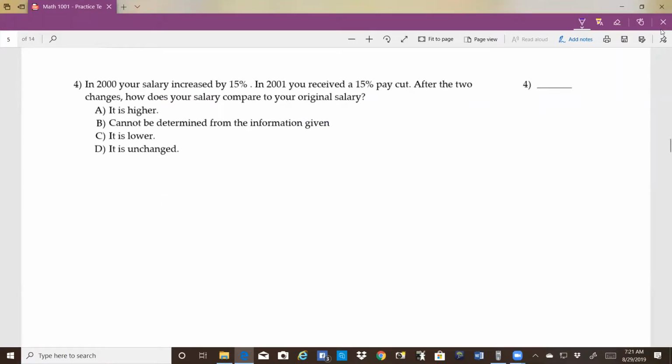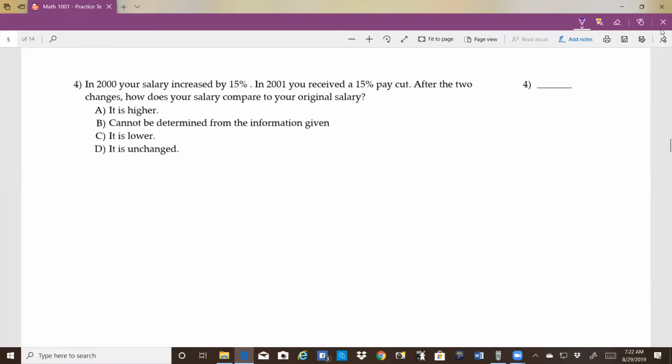Now, number 4, in 2000, your salary increased by 15%. In 2001, you received a 15% pay cut. After the two changes, how does your salary compare to your original salary? I'm going to do this two ways.